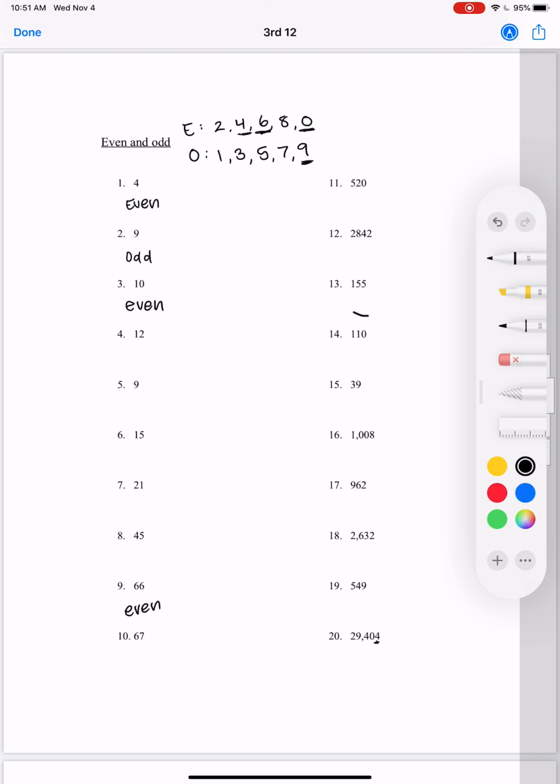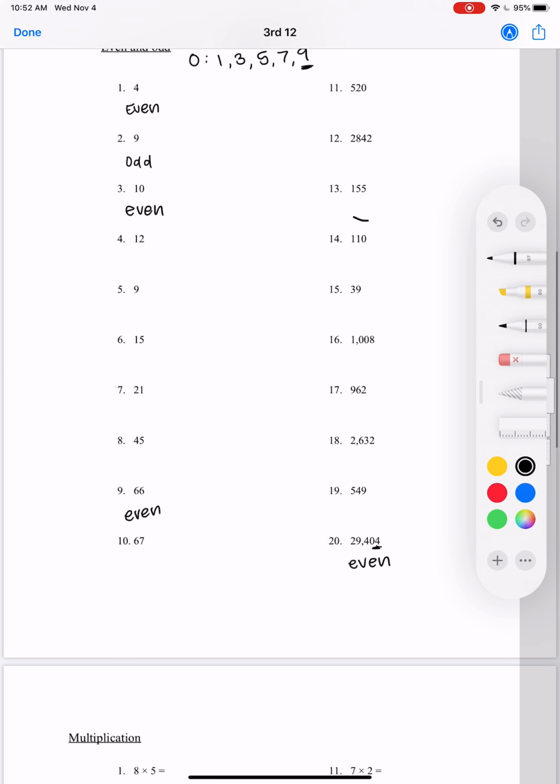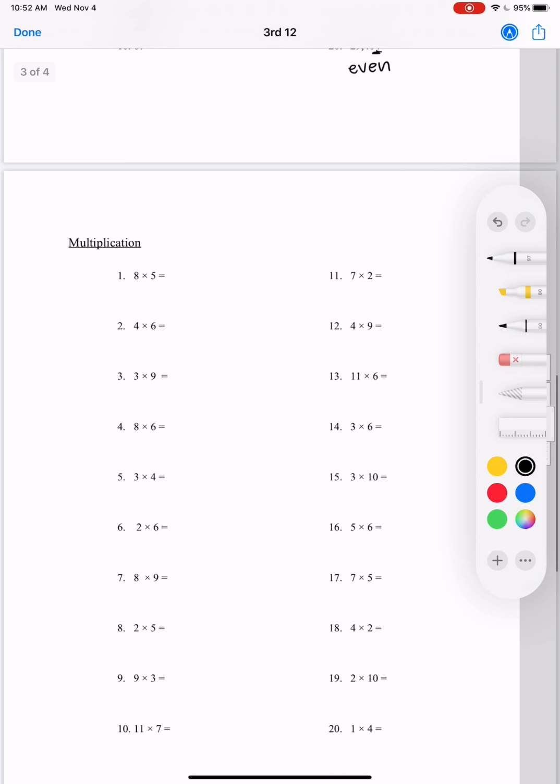This is the only important number when deciding if it is even or odd, for number 20, or for any number, the last number. And as you can see, it's a 4, and 4 is in the even section, which means that number 20 is even. Okay, I think that's how you solve the even and odds.